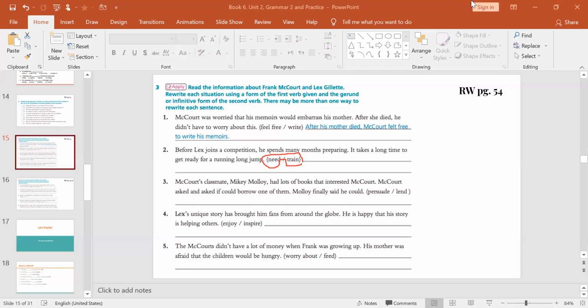Okay, students, let's go through this. So it says, before Lex joins a competition, he spends many months preparing. It takes a long time to get ready for a running long jump. So again, there are going to be many ways to approach this, but here's one way to approach answering this.